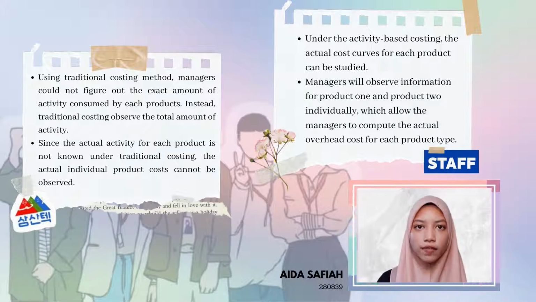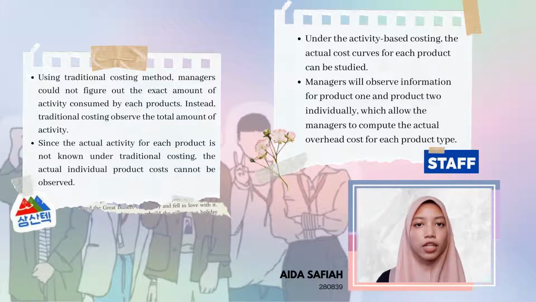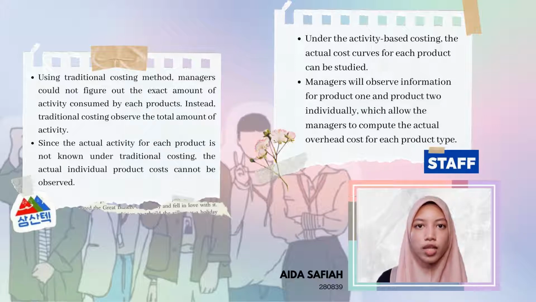Since the actual activity for each product is not known under traditional costing, the actual individual product cost cannot be observed. However, using activity-based costing, the actual cost curves for each product can be studied. Managers will observe information for product 1 and product 2 individually, which allows the managers to compute the actual overhead cost for each product type.